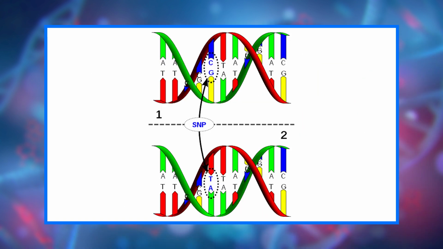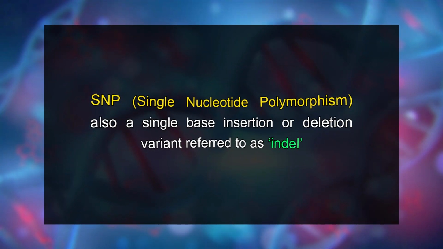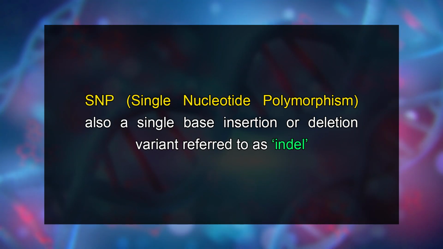SNPs may arise from a substitution of one nucleotide by another at the polymorphic site. Substitutions can be transitions. A transition is the replacement of one purine nucleotide by another purine nucleotide, or one pyrimidine by another pyrimidine base. A SNP may also be a single base insertion or deletion variant, referred to as an indel.